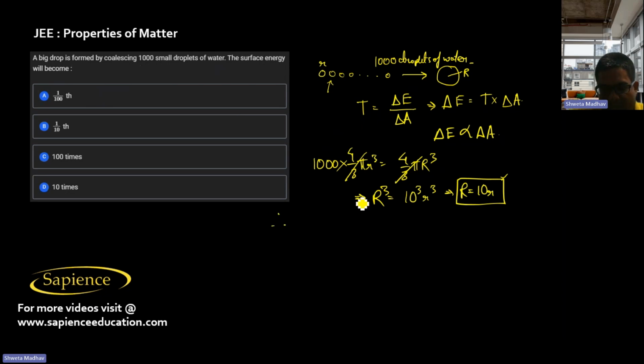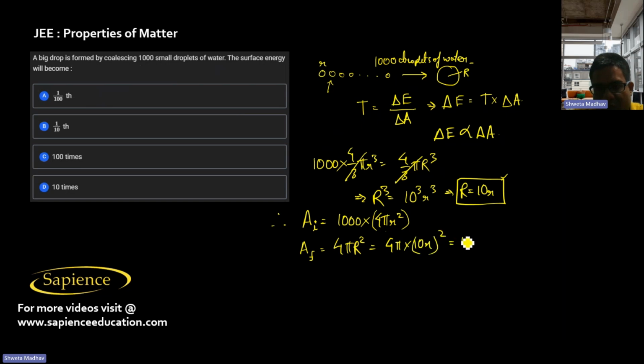Therefore, the initial total surface area was 1,000 into 4 pi r square. The final surface area is 4 pi capital R square, which is 4 pi into 10r whole square, which is 100 into 4 pi r square. So obviously the surface area has decreased by 10 times.